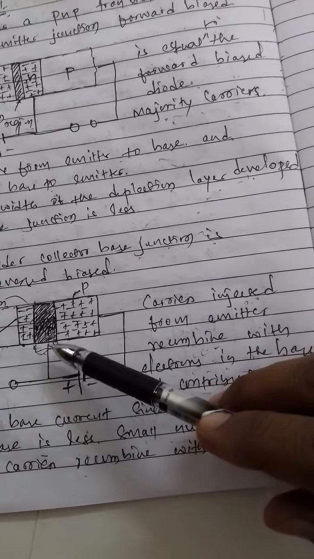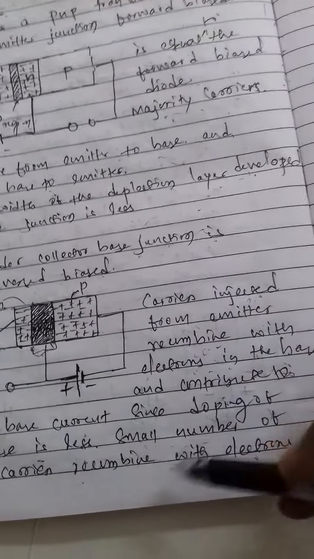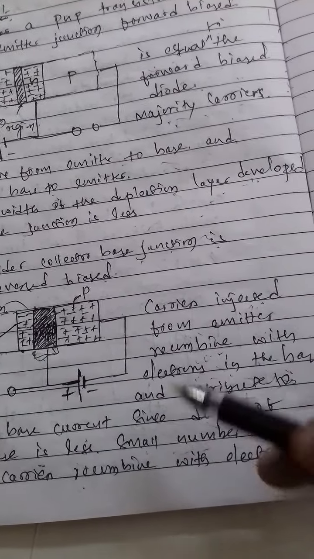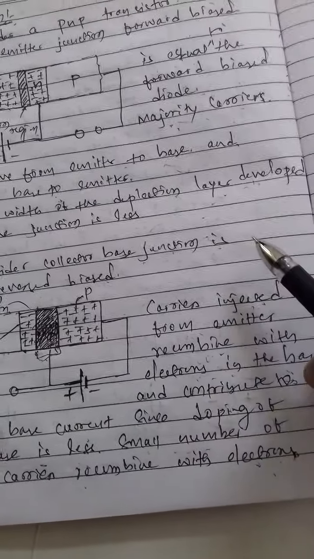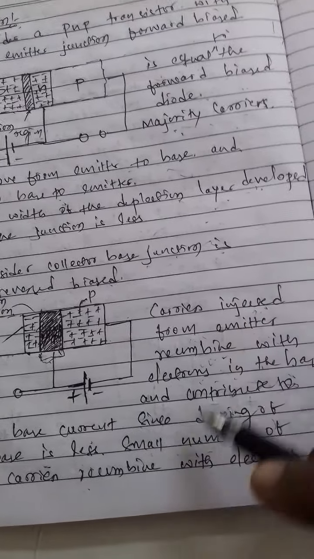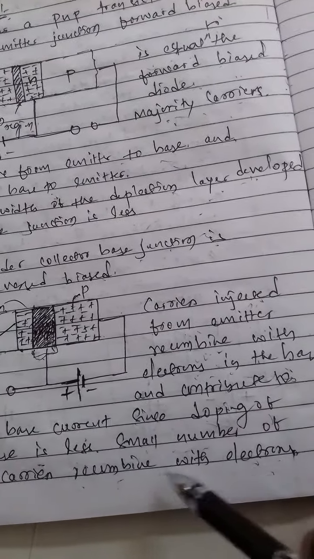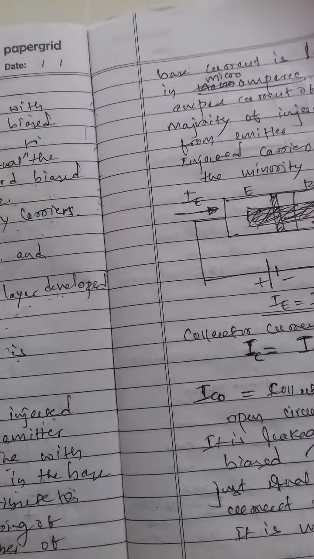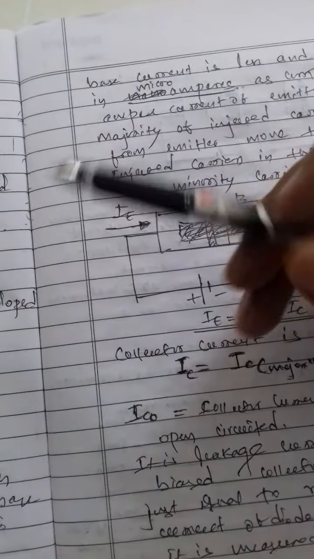That's why the holes which are injected from the emitter towards the base will recombine with the electrons in the base and contribute to the base current.